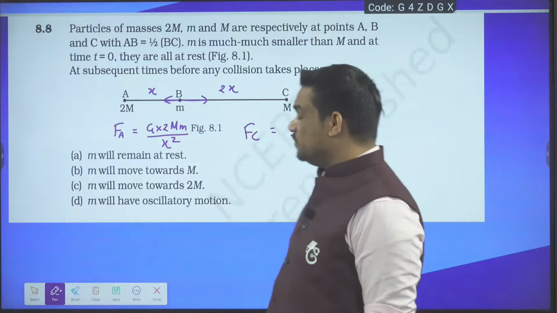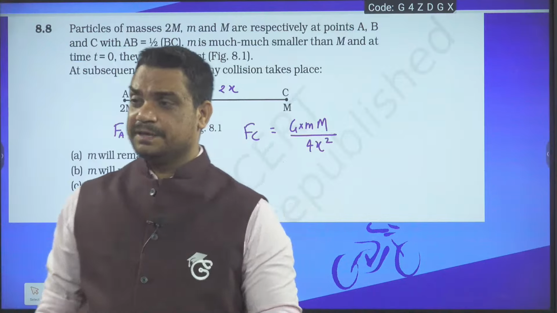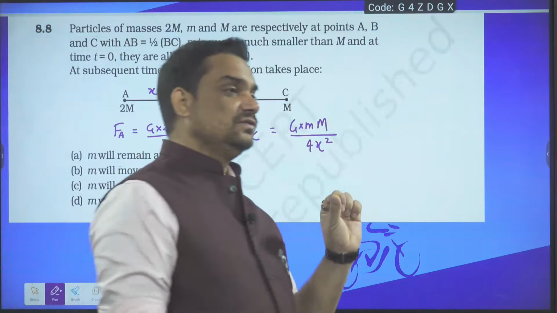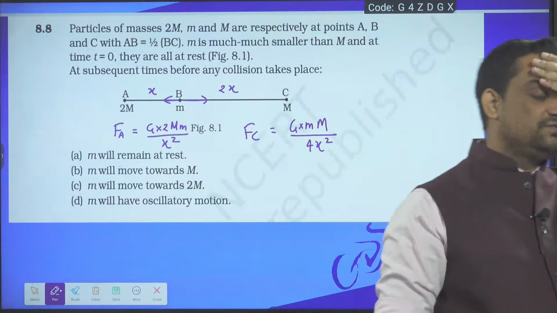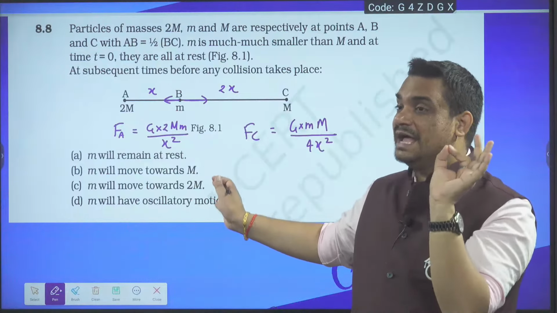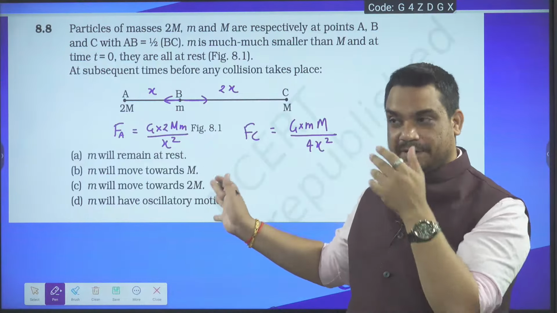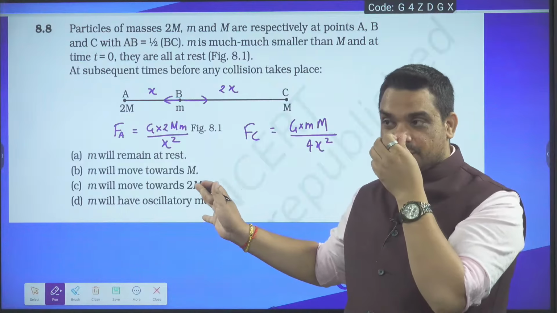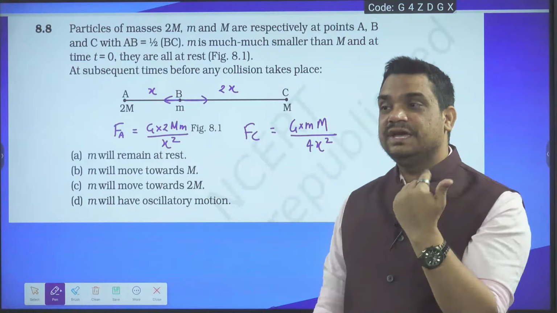Which force is more, A or C? Force of A is more or force of C is more? Because we have to talk about the M, not about the capital M, only about the M. You can clearly say, sir, force of A is more.